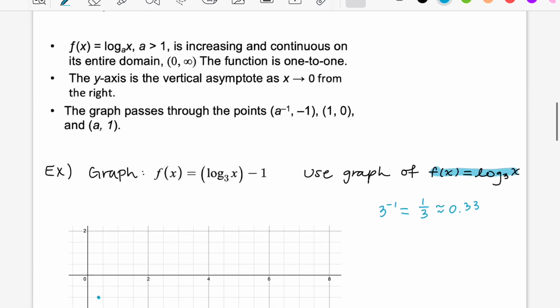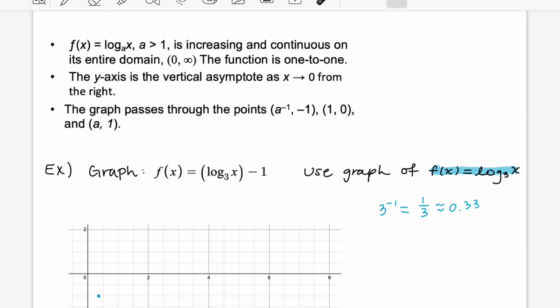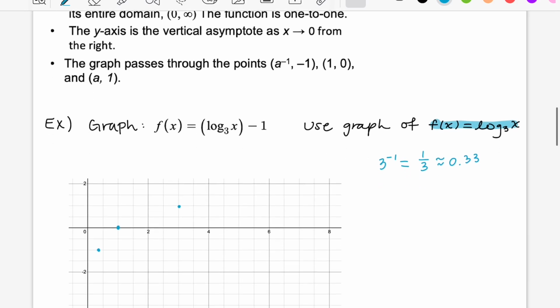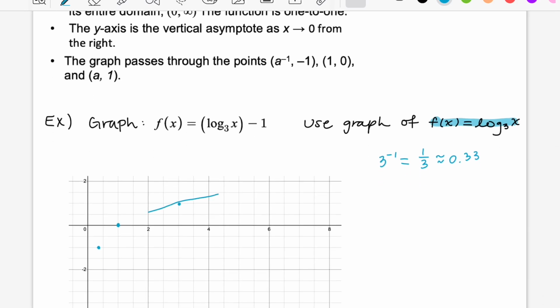We also know we're going to pass through the point 1, comma 0. So right there. And then a, comma 1. And in this case, a is 3. So 3, comma 1 is right about there. So this is our graph, log base 3 of x. All right.